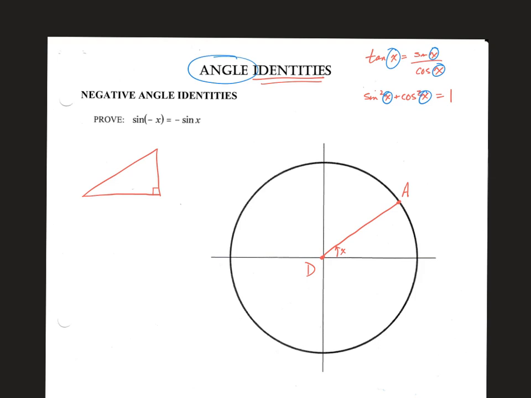We could now drop in our height, create our right triangle, and I'm going to call the location of that point, point B.